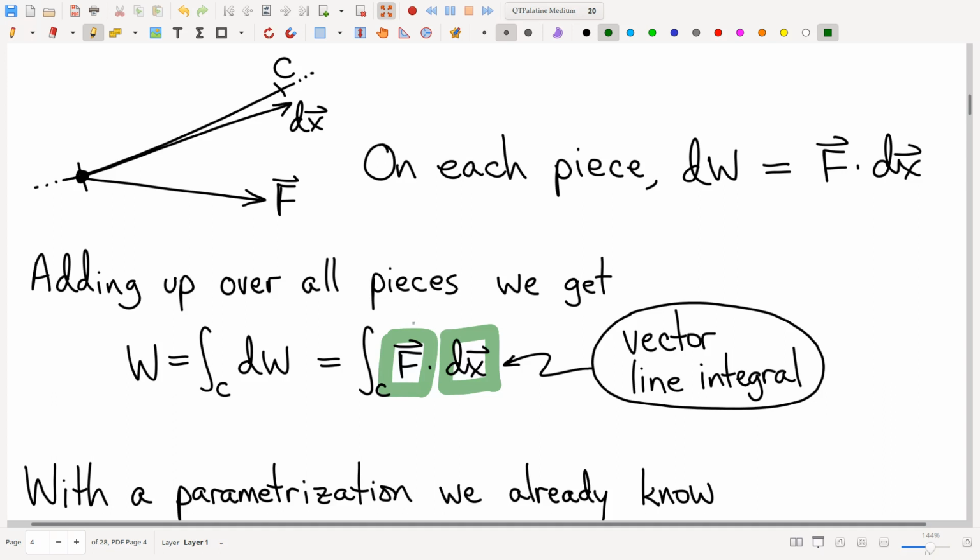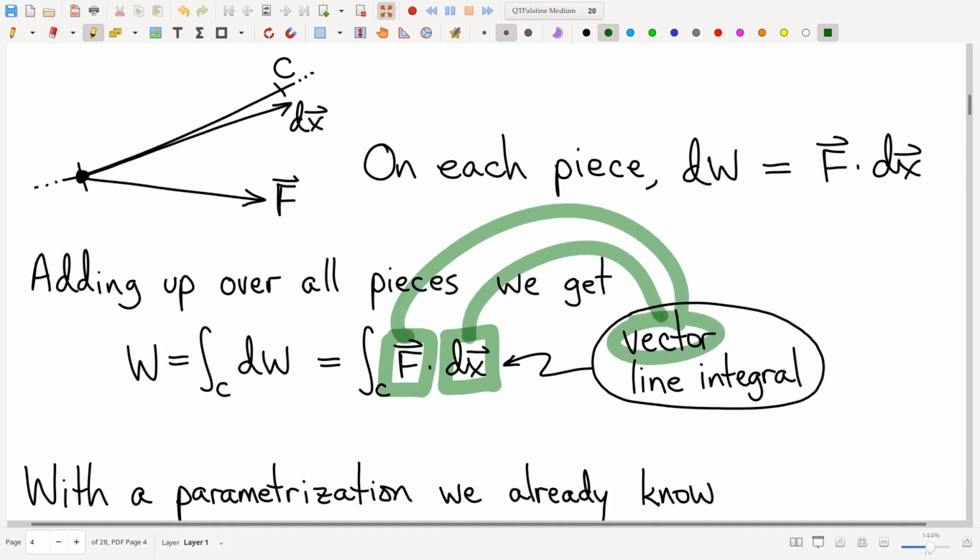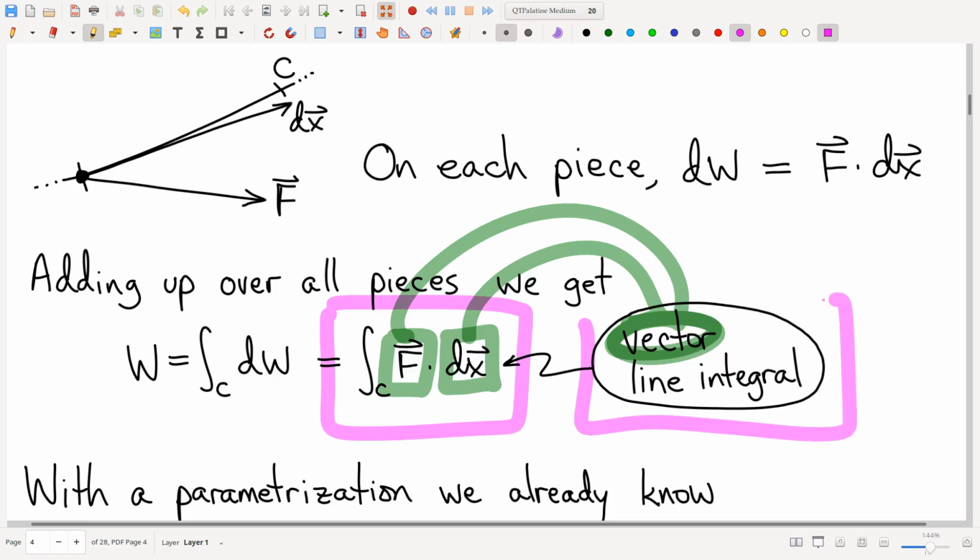So anyway, this is why we call this a vector line integral. It's because it's made up out of vectors, integrands and differentials, instead of scalar integrands and differentials. And thus the need to distinguish scalar line integral from what we're going to call here a vector line integral. Is that believable terminology?